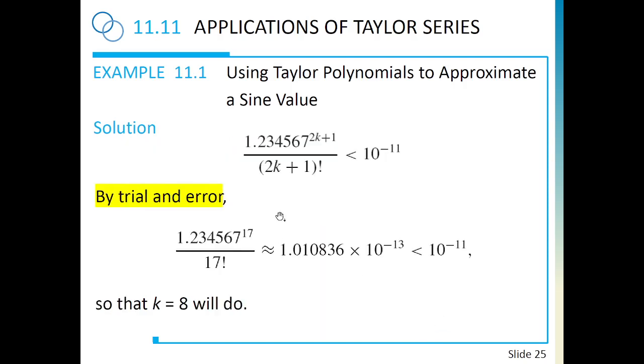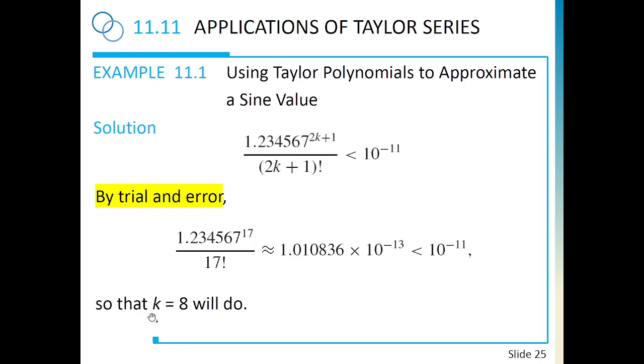There is not much choice, so we need to shoot values of k in here until the value here is smaller than 10 to the power minus 11. Obviously we don't exaggerate, we don't go to k equal 10,000, that would not be wise. So we try to find the smallest possible k that will satisfy this constraint. So this is by trial and error, so you shoot some numbers in for k and you try.